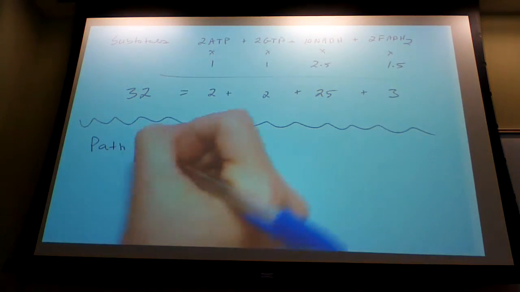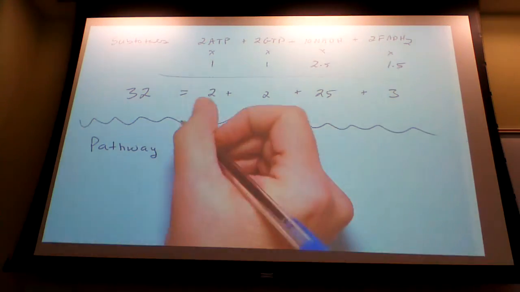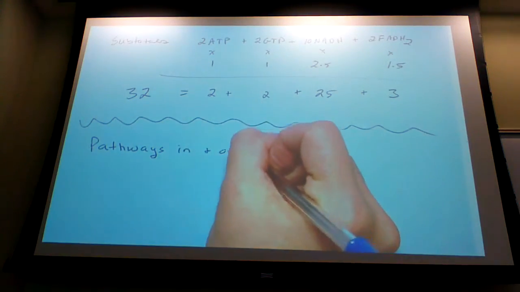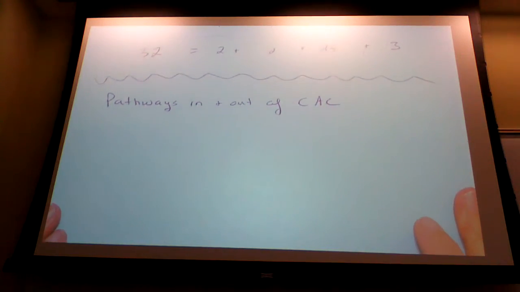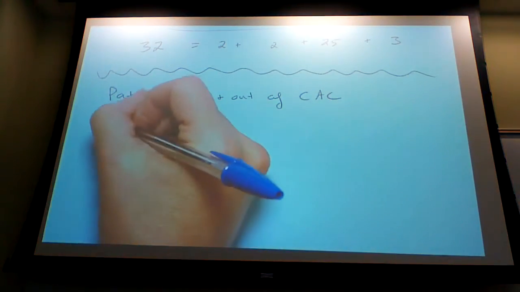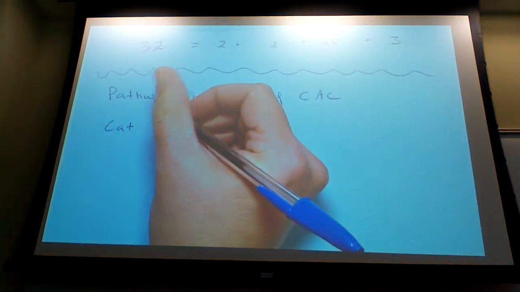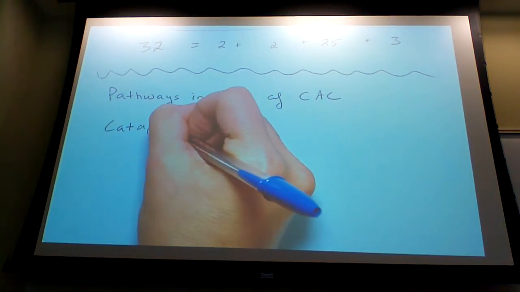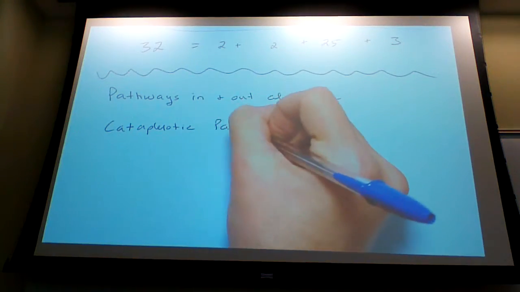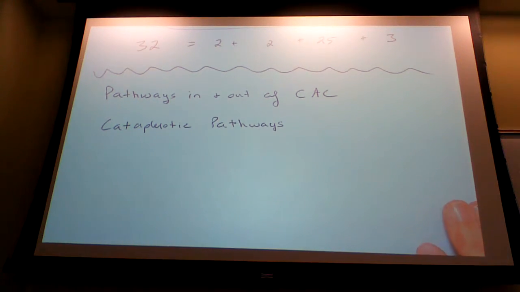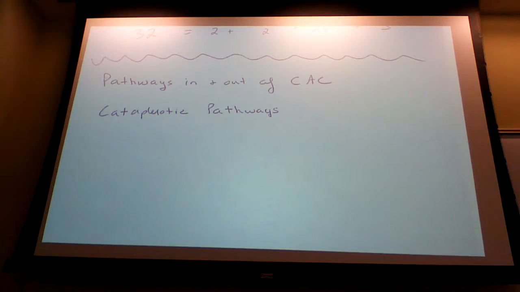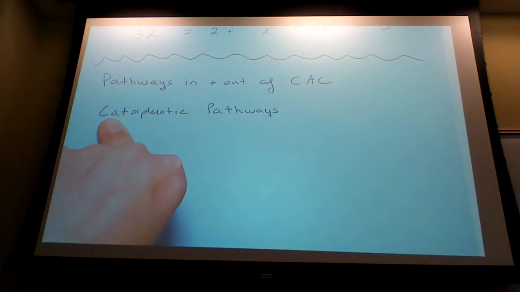Okay, one more topic for today before our activity, and that is pathways in and out of the citric acid cycle. Cataplerotic. What does the name suggest? What do catabolic pathways do? They break down. They're the cannibals, they're breaking down.